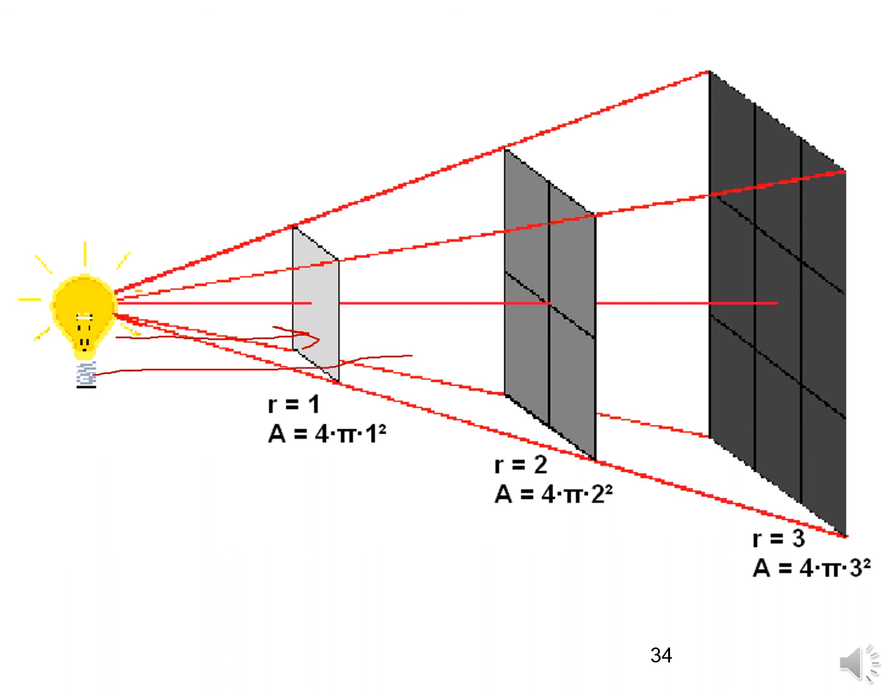In the r equals 2 example, that's our distance from the source. It's also the radius of the imaginary sphere. So the surface area of the sphere would be 4 pi r squared, which in this case is 2 squared. And finally, in the last example the area is 4 pi r squared, and the r is 3, so it's 3 squared. Remember, the distance from the source and the radius of the sphere are the same.